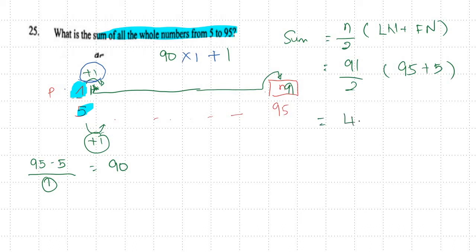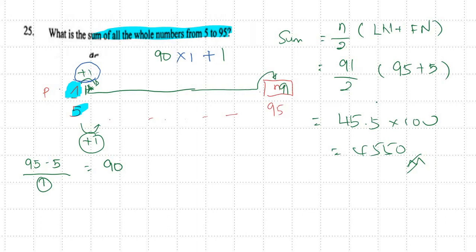So here is 45.5 times 100. You give me 4550. Some of them may spend 20 minutes on this problem, but you can solve it very easily. Once you find the pattern number on top, and then later you find the sum by using this formula. That's all.